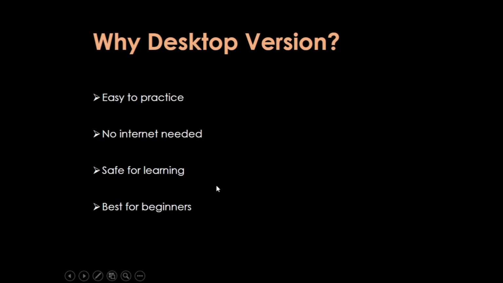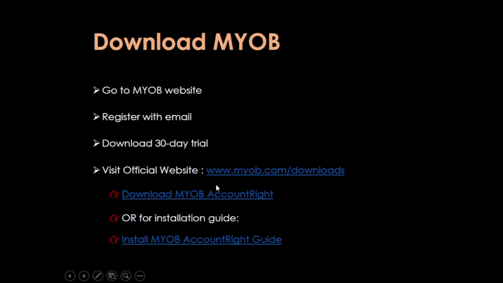These are the download processes. In this slide I have provided download links, and you can use these links to easily enter the real websites. The first step is to go to the MYOB website using these links, register with your email, and download the 30-day trial.